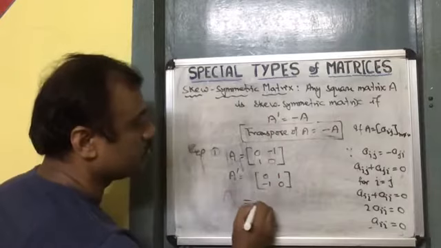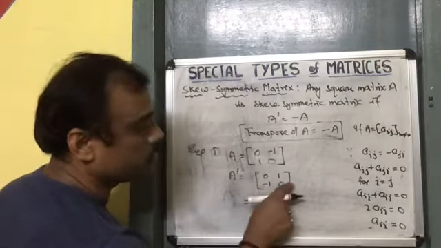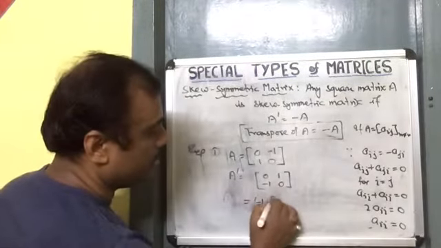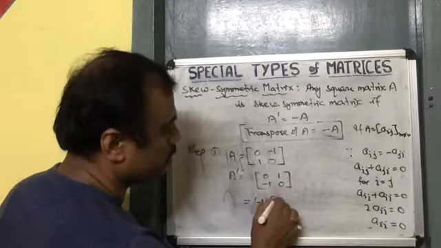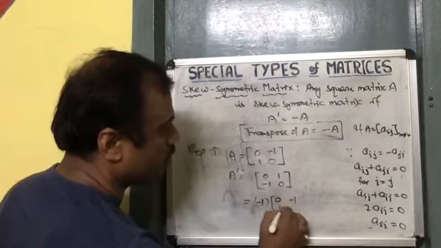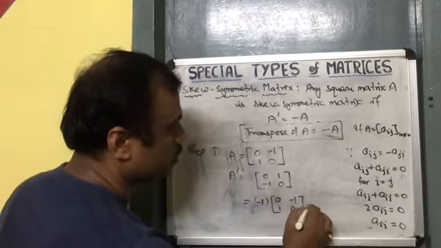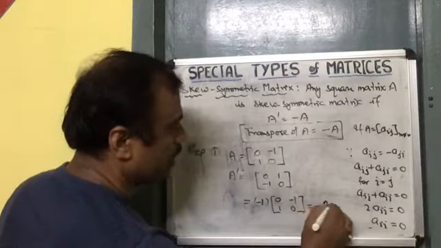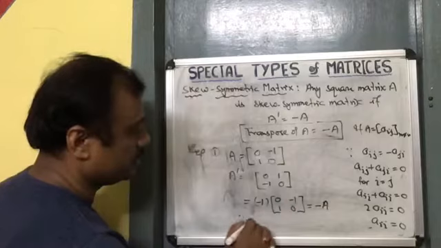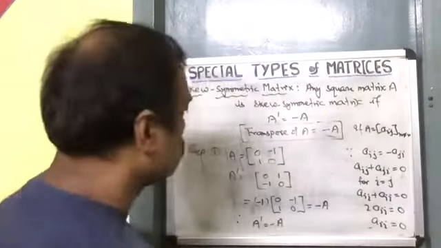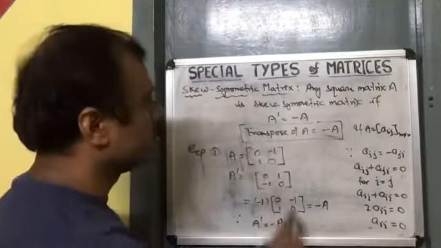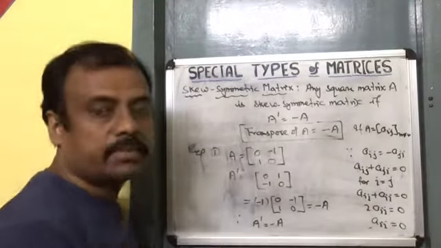Now let us multiply by minus 1 inside and minus 1 outside, so it becomes minus of 0, minus 1, 1, 0. So this is what? Minus A. Since A dash equals minus A, this matrix is a skew symmetric matrix.